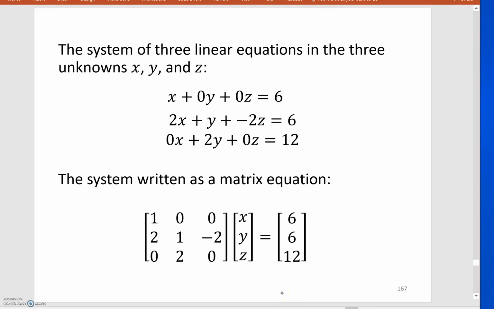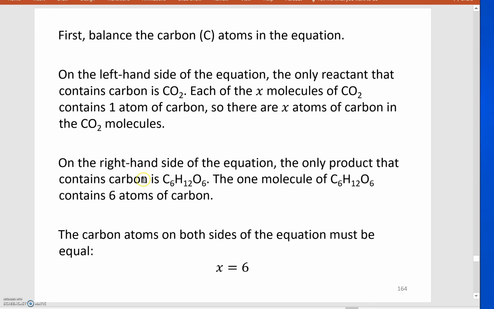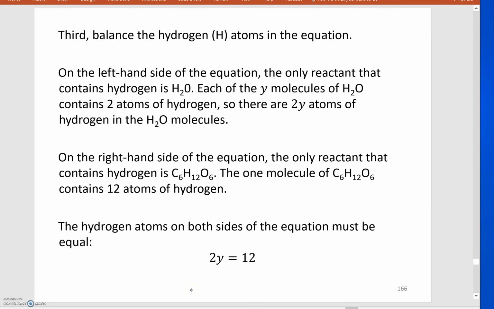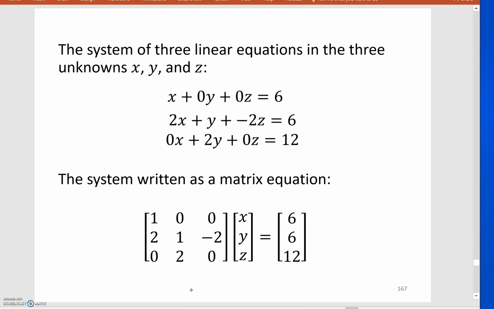And then we had X: 1, 2, 0, just double checking that we haven't messed anything up. 1, 2, 0 and 0, 1, 2. Okay, so there's our system. Really not that bad once you get the hang of it.